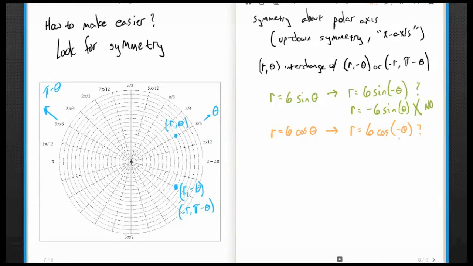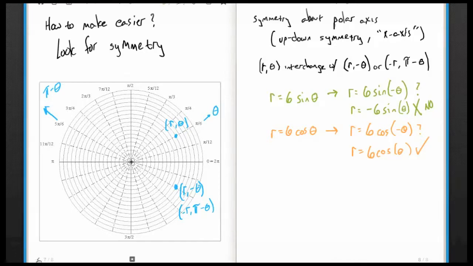So does this work? I remember the cosine is even, so whether I go negative theta or positive theta, the cosine stays the same. So this is r equals 6 cosine of theta. Oh, and that works. So the 6 cosine theta must have been up-down symmetric.